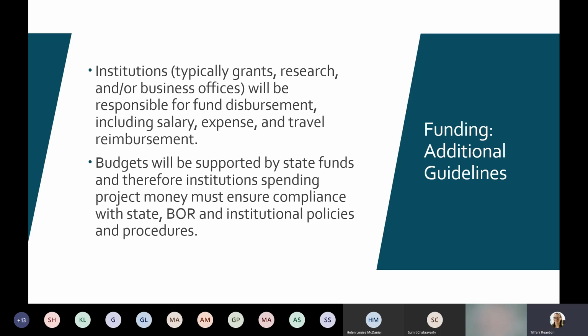Additional guidelines: institutions are responsible for funds disbursement. ALG doesn't handle the salary stuff or the expense reports. That's all up to your institution, and it will likely go through your grants, research, or business office. The new application process actually requires you to speak with those people before you apply, which will help get that communication started.